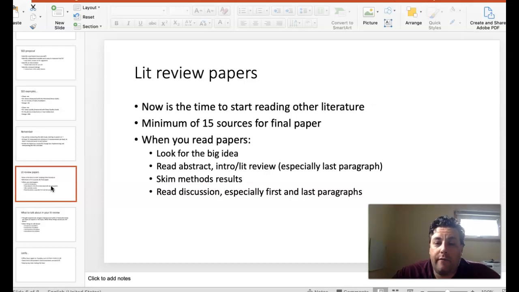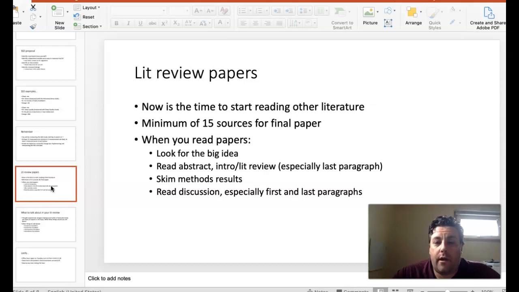So where do you find them? Well, you find them in the abstract, the introduction and the lit review, which is that first section of a journal article. Pay attention especially to the last paragraph, which often tells you what the point or the goal of the paper is.